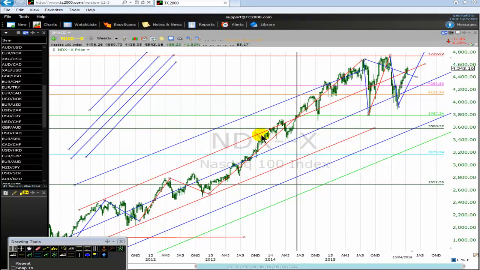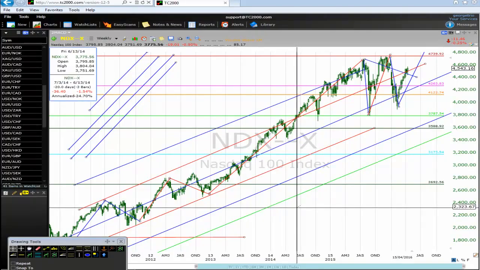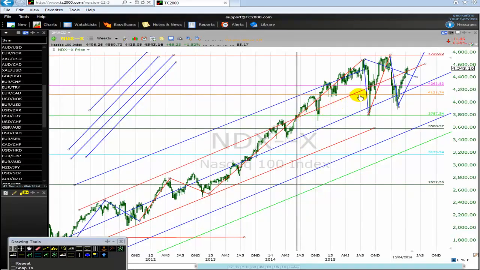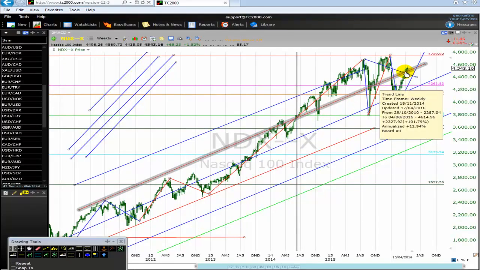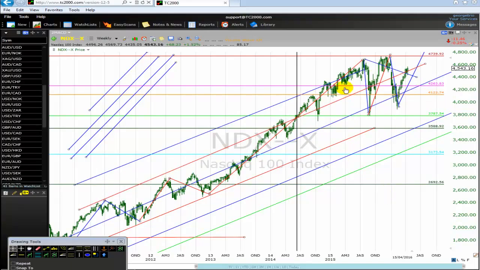So when I place my vertical line here, the NASDAQ 100 became very, very bullish from June 2014. You can see that it went above the rising channel. What has happened recently, we have a mini correction here, or a pullback.